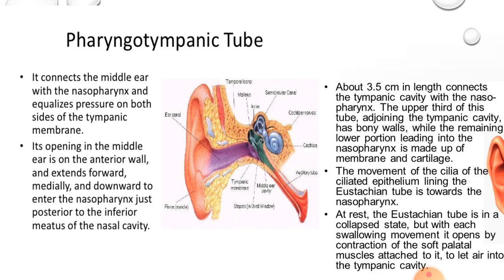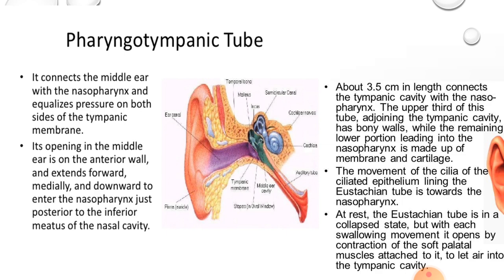The pharyngotympanic tube or the eustachian tube connects the middle ear cavity with the nasopharynx. The function of this tube is that it equalizes pressure on both sides of the tympanic membrane, so it doesn't rupture if there is a great difference of atmospheric pressure on both sides of the tympanic membrane.